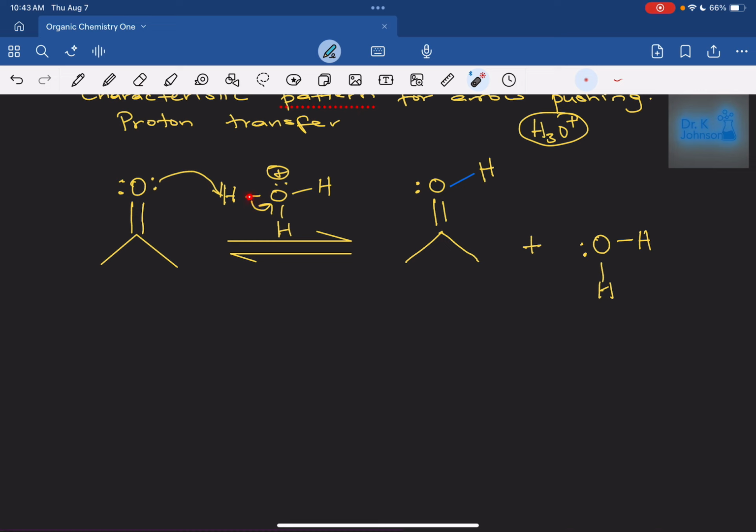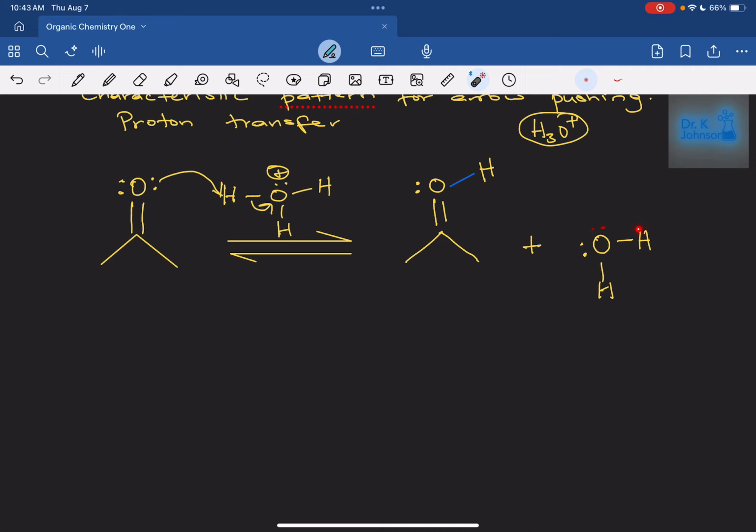We're taking the two electrons in this bond and we're putting them on the oxygen. So now I need to add two electrons, right? Now, the question here is, is there a charge on this? Of course not. This is water. The oxygen in water does not have a charge. It's neutral, right? And I told you, you need to remember when an oxygen is neutral. An oxygen is neutral when it has two single bonds and two lone pairs.